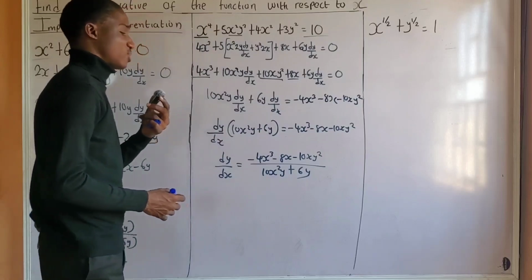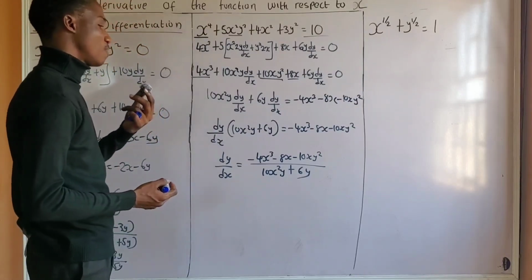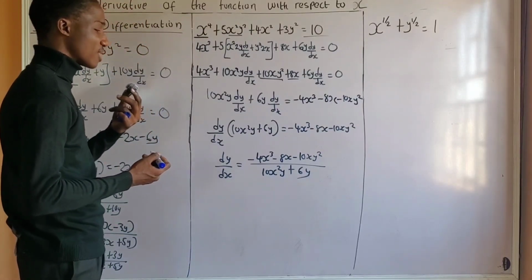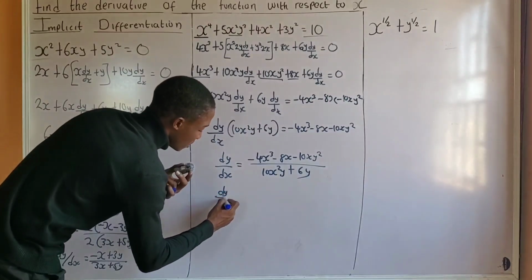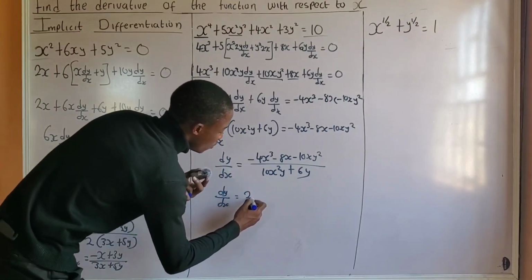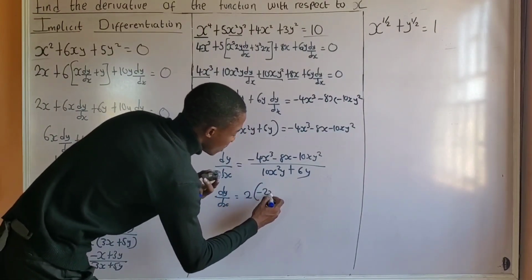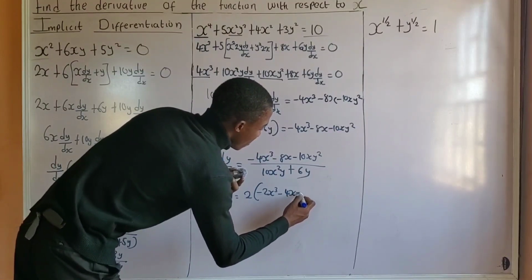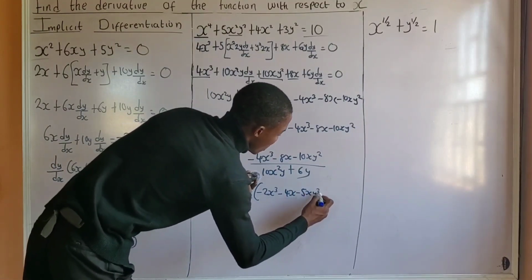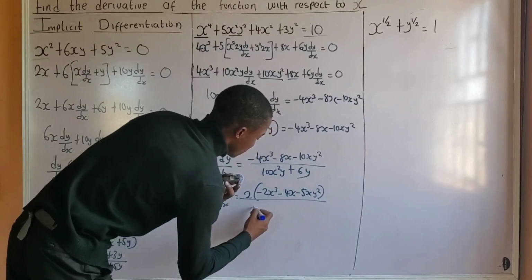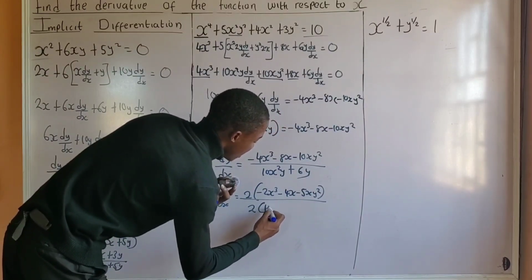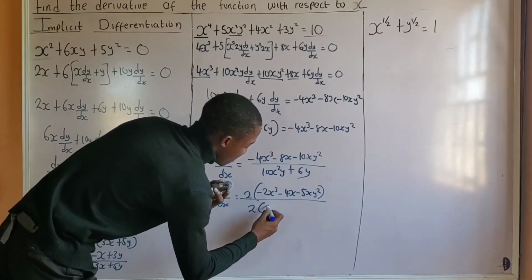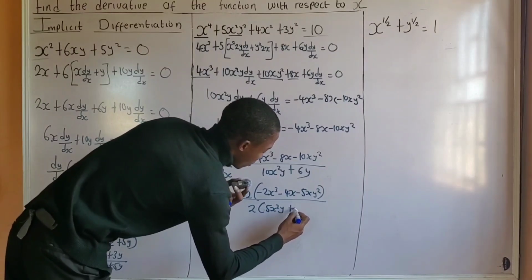Okay, so if you wish to factorize 2, you can factorize. Okay, dy all over dx will be equals to 2 multiplied by negative 2x raised to the power 3 minus 4x minus 5xy squared, this all over 2 multiplied by 5x squared y plus 3y.